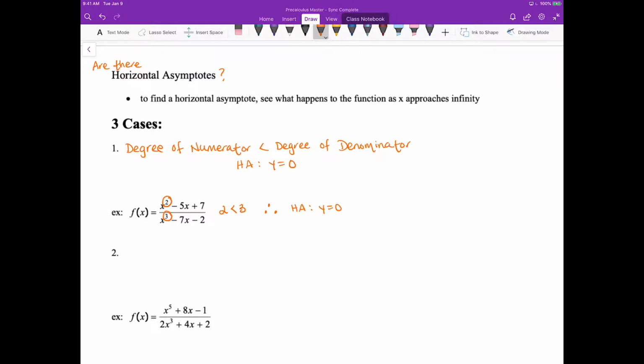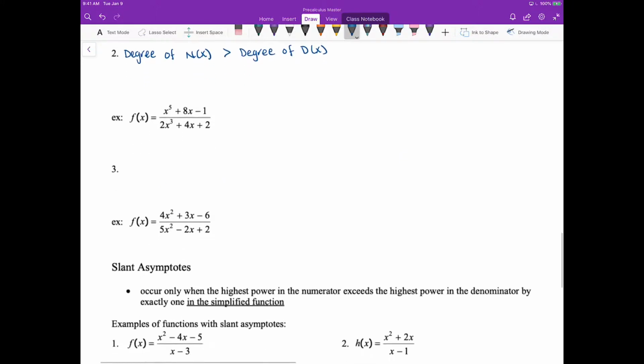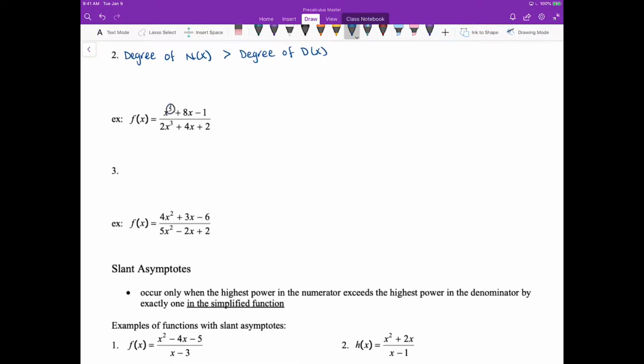So then the other case would be the degree of the numerator is greater than the degree of the denominator. And we see that here in this next example, that 5 is greater than 3.